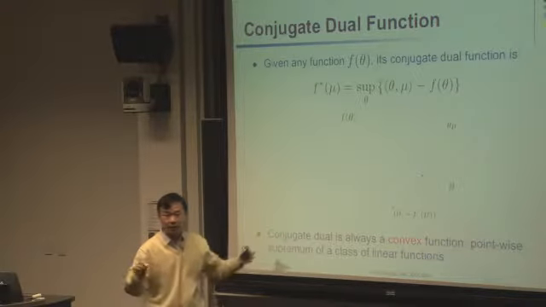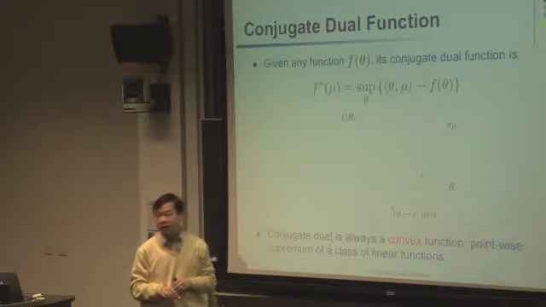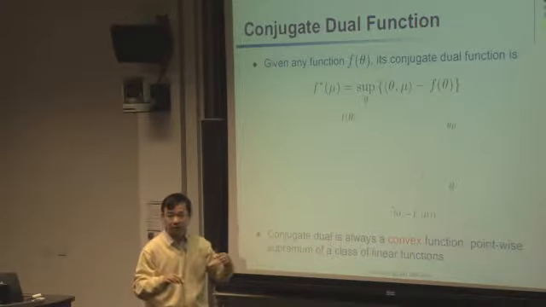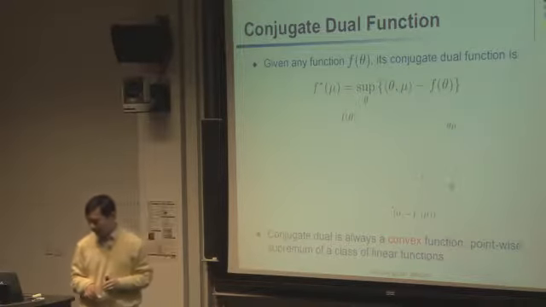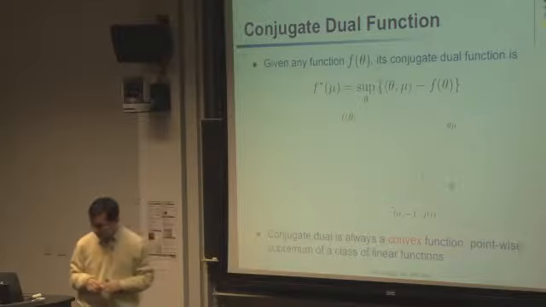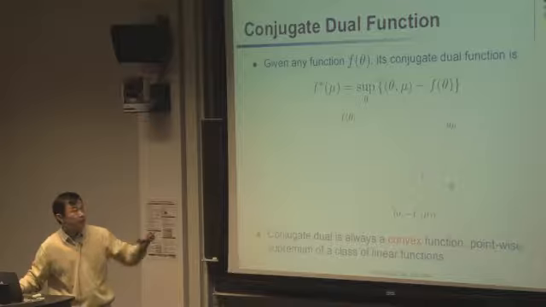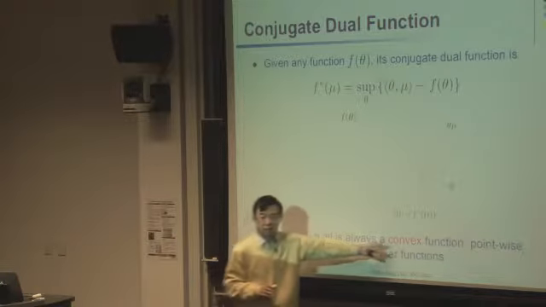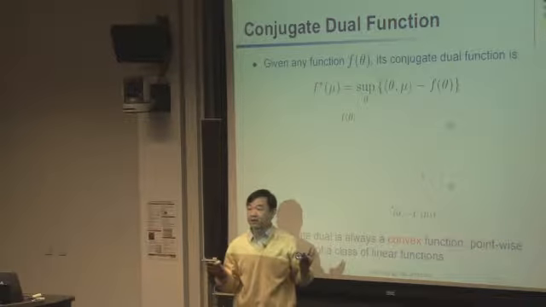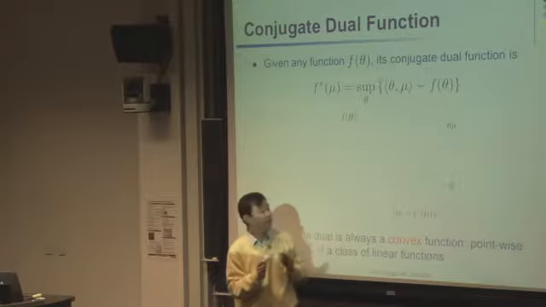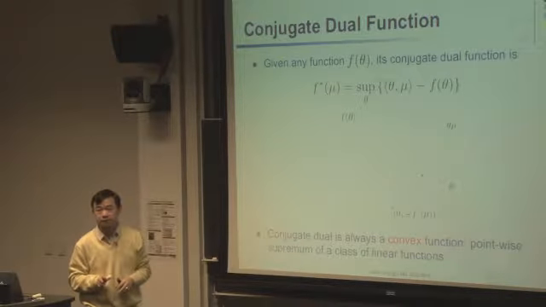And a pointwise supremum of a class of linear functions, or a bunch of convex functions, is by definition also convex. You can check that in Boyd's book or many other places. So that's one thing we want to remember: this holds regardless of whether the f function is convex or not. f of theta can be anything, but its conjugate dual is still a convex function.